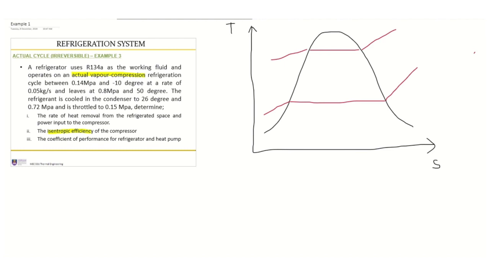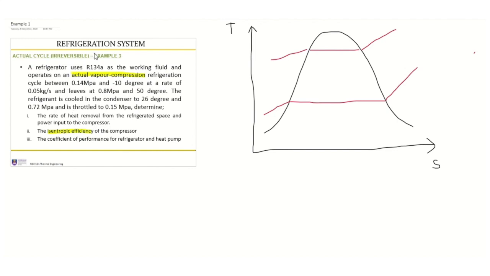What you need to have basically in your TS diagram is the saturation line and then two pressures, before and after the compressor.